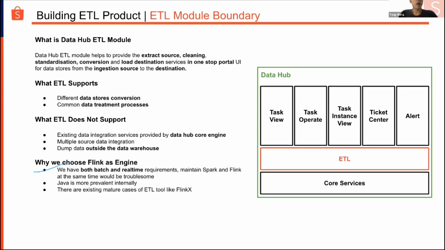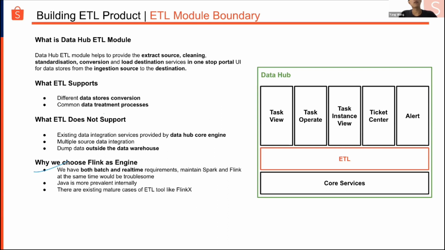Usually, these pipelines require much more complexity in data treatment. Currently, considering the resource usage is hard to control and estimate, we don't support multi-sources in pipeline. And security-wise, we don't let users export data outside of our data warehouse.